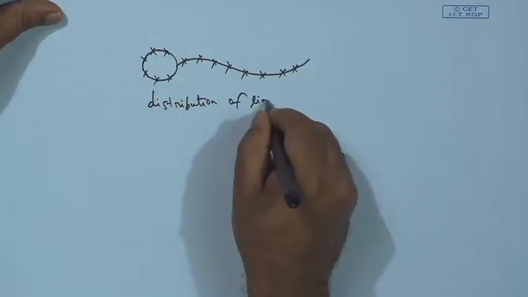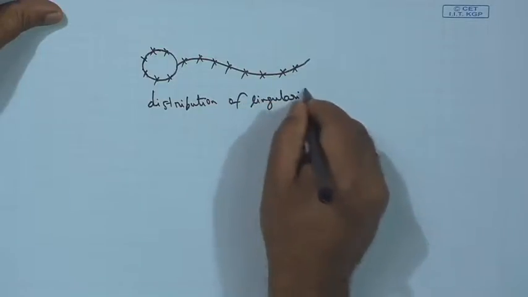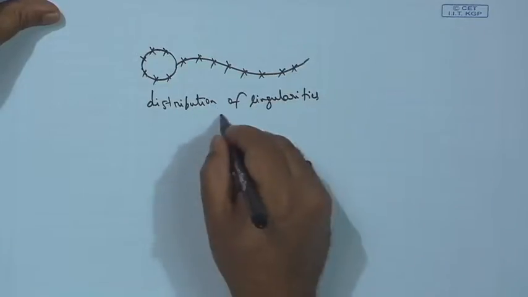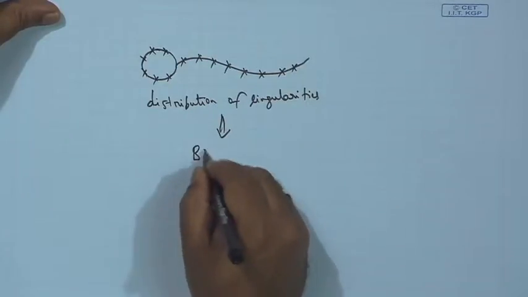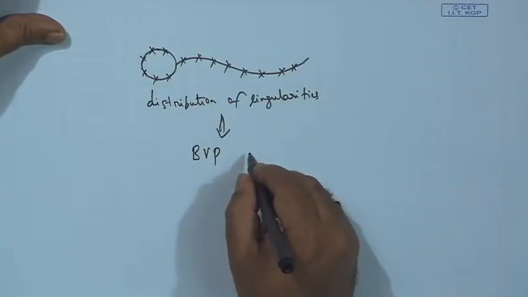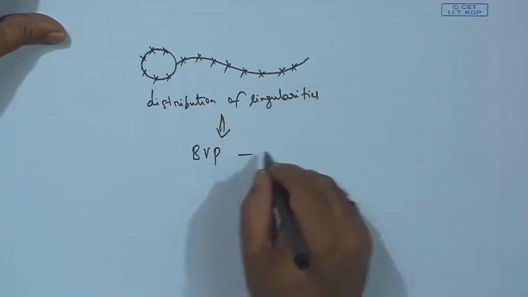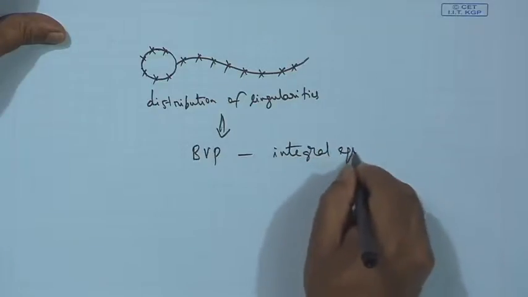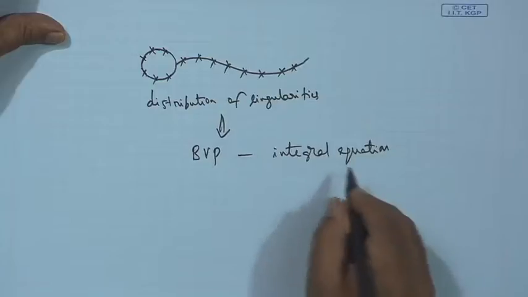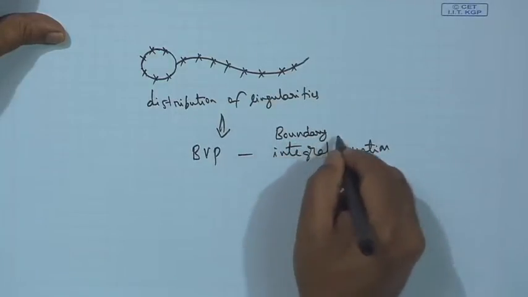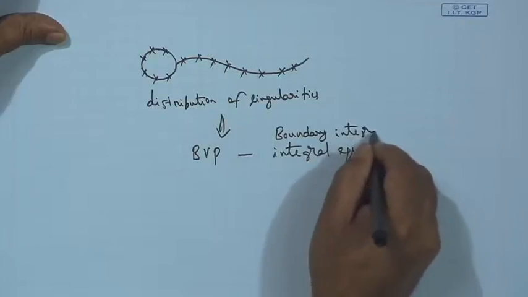From here you reduce and obtain a boundary value problem, which involves an integral equation, which is typically called a boundary integral.